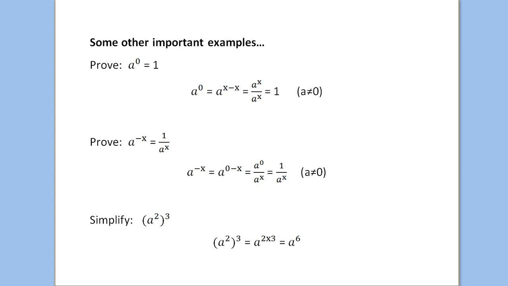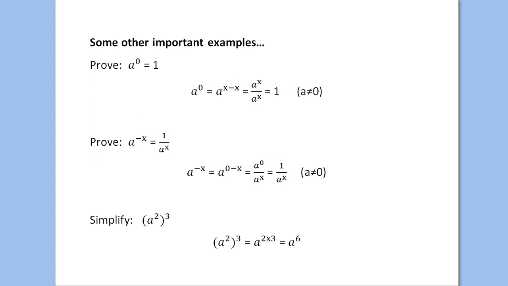Let's prove that. So a to the 0, we can rewrite that as a to the x minus x, where x is a number. So x minus x is 0, as you know. That's pretty obvious. And then by the rules that we looked at earlier, this involves subtraction of indices. So when you see a subtraction in the exponent, then you have to think of division.